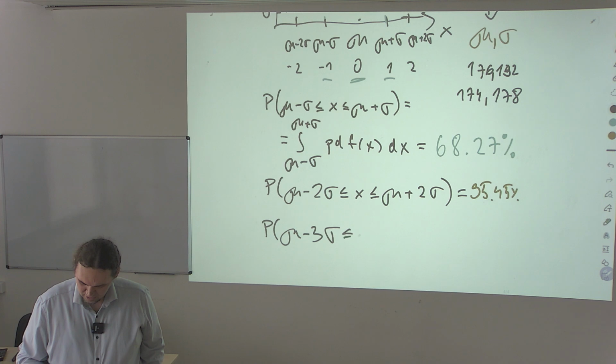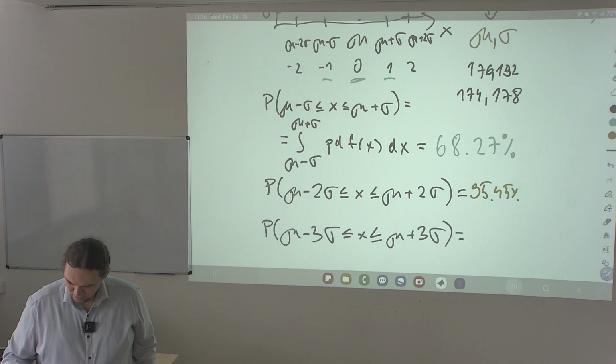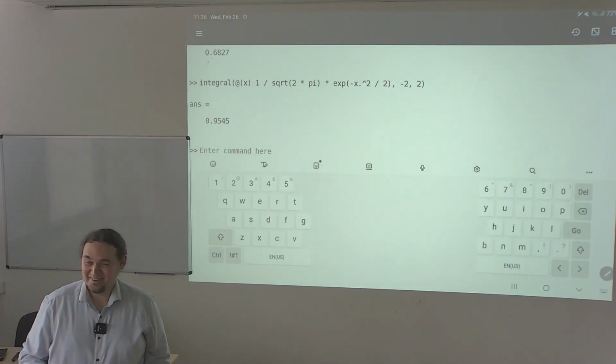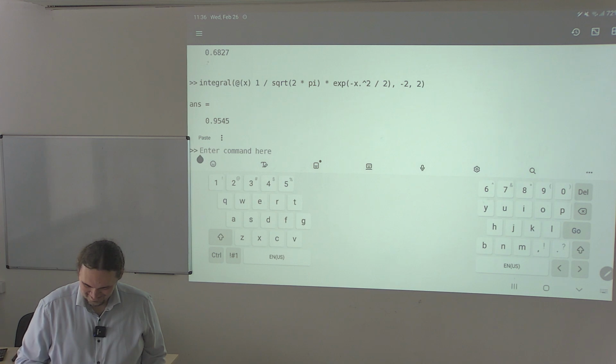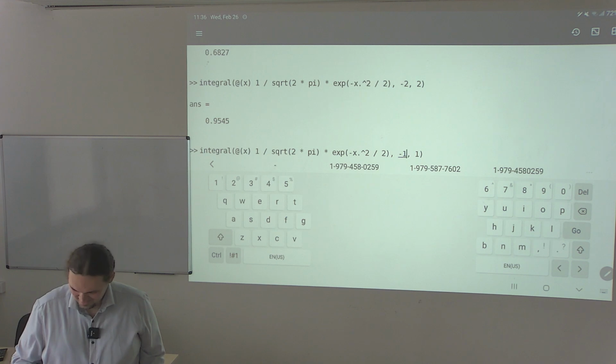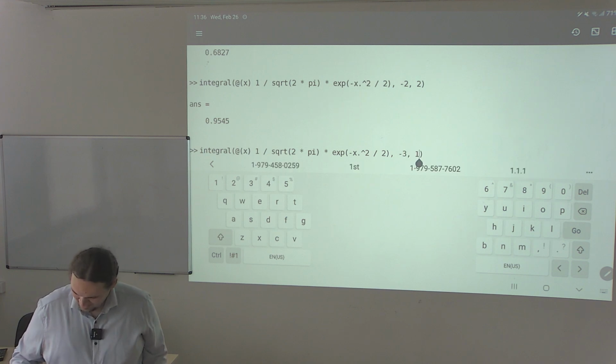So if you want to be even more certain, we can go to 3. How much do you expect? 98. Let's see. I should put 3 here. Not bad guesses.